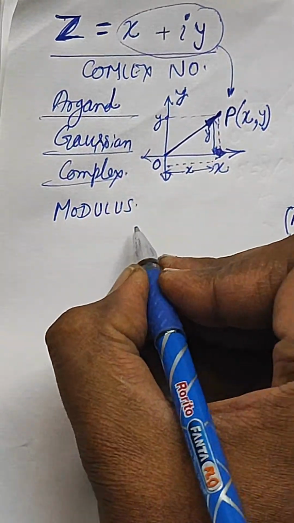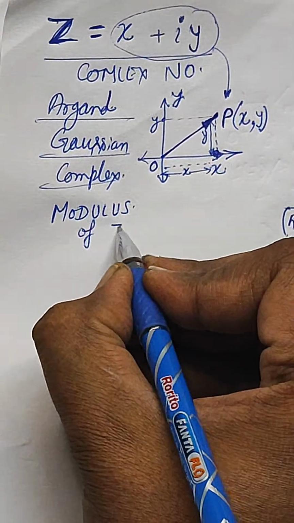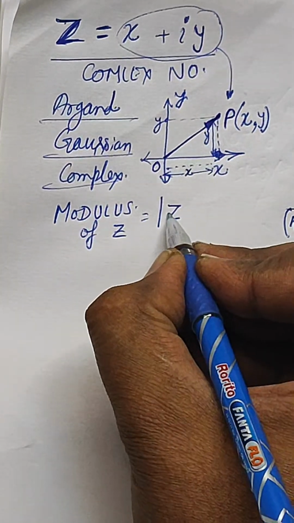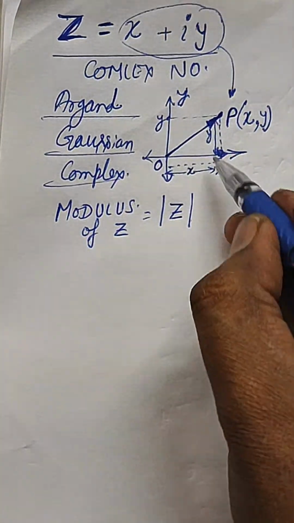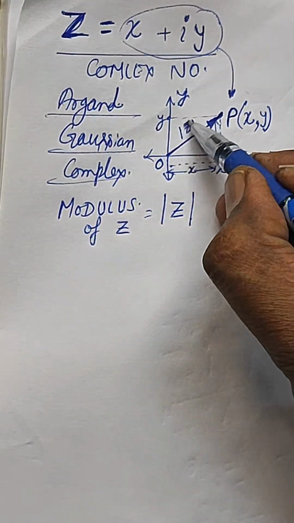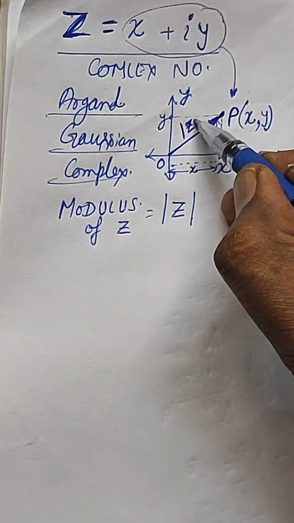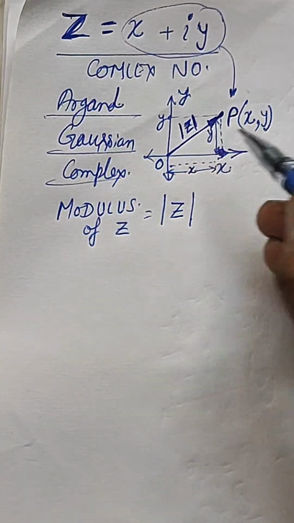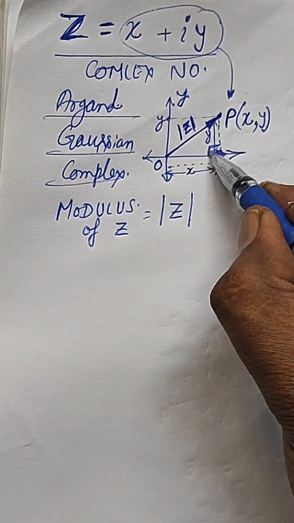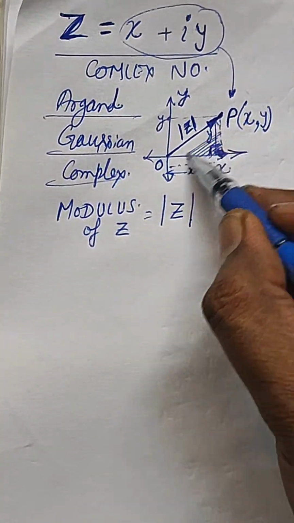So the modulus of a complex number z can be represented like this, with the mod sign. This will be the length of this resultant vector, or we can say the hypotenuse of that right angle triangle by Pythagoras. If this is 90 degrees, we have considered this triangle.